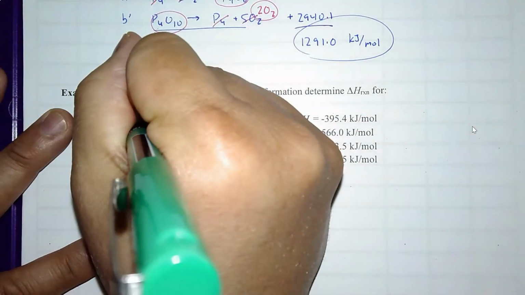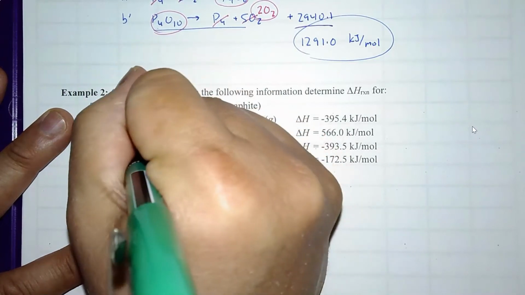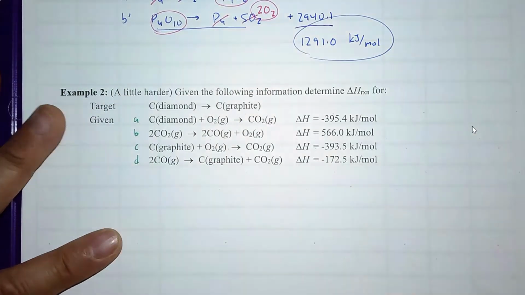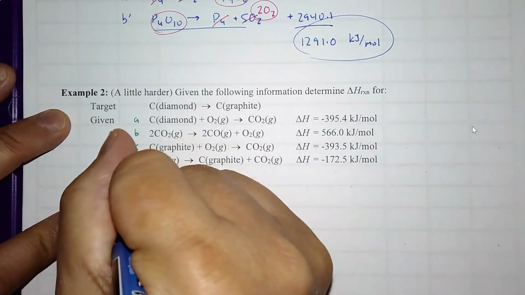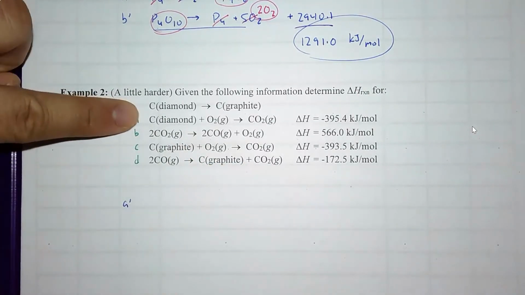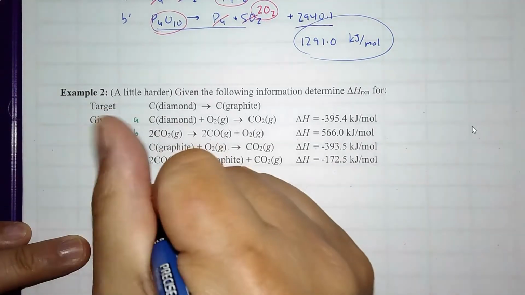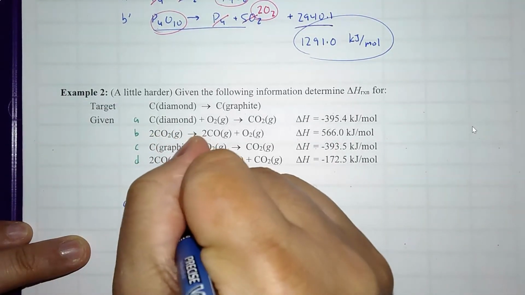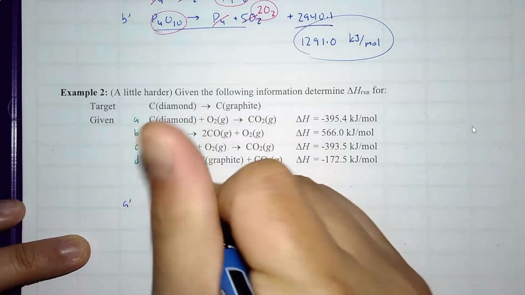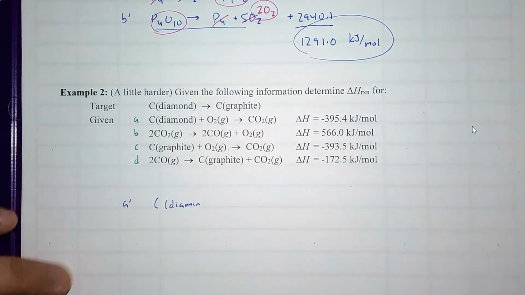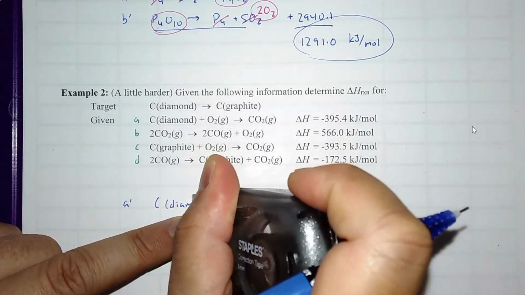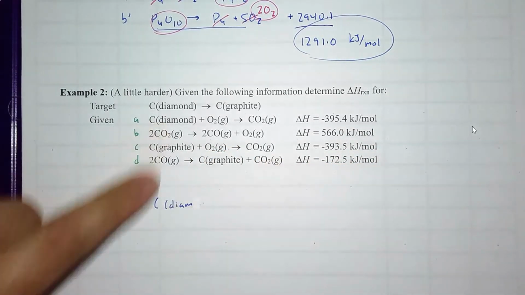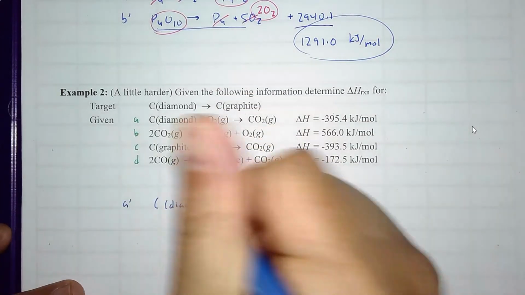The trick, again, is to label your individual reactions because we're going to manipulate them. And the first manipulation is not a manipulation. We're just going to copy C diamond. Now, it is a little bit intimidating because we have carbon on each side of the reaction, one in the diamond form and the other in graphite, and that's it.